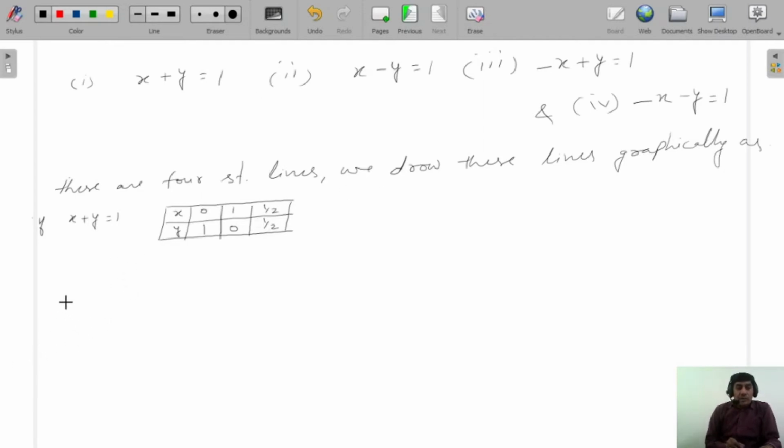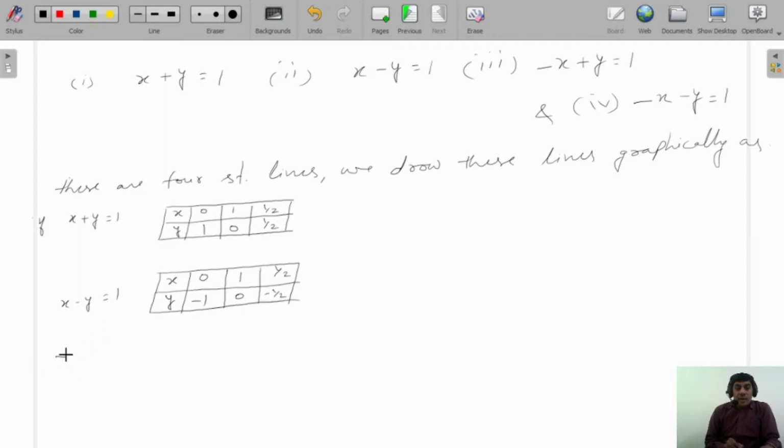Now, the table for x minus y is equal to 1. If x is 0, then y is minus 1. If x is 1, then y is 0. If x is 1 by 2, then y is minus 1 by 2.